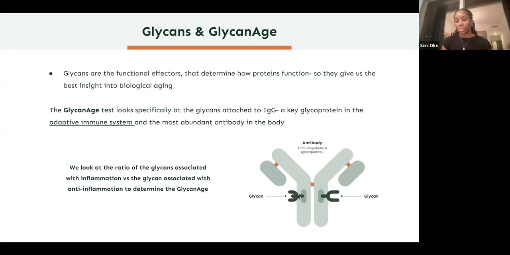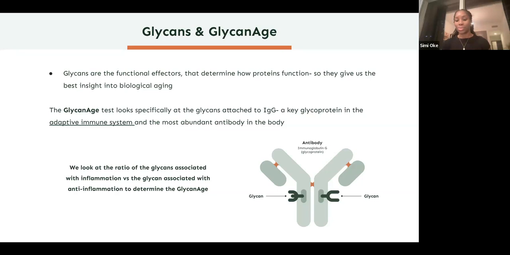Some of them are associated with pro-inflammatory states. If there is significant systemic inflammation in the body, those glycans will change shape into a more pro-inflammatory version. Whereas if you're in an anti-inflammatory state, you have the anti-inflammatory glycans.